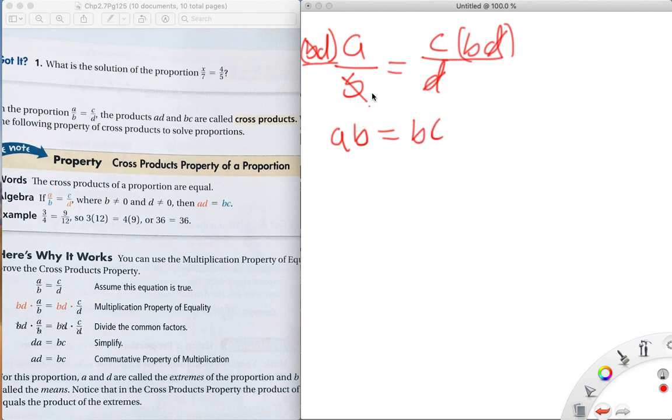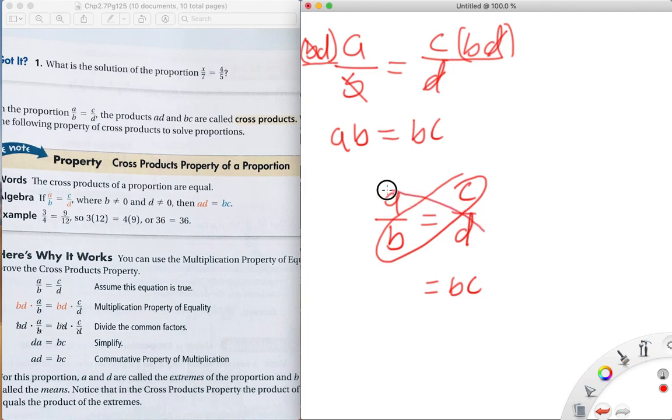If I go back to it, a over b equals c over d. If I was to cross multiply, we've done this before, that's BC. If I cross multiply here, that's AD. So what we just did was the proof for cross multiplying. This is the same thing as that.